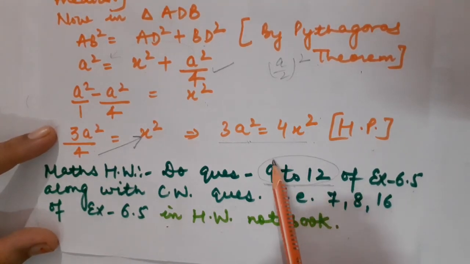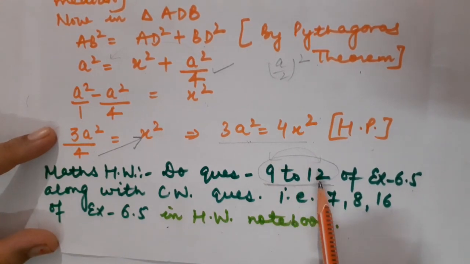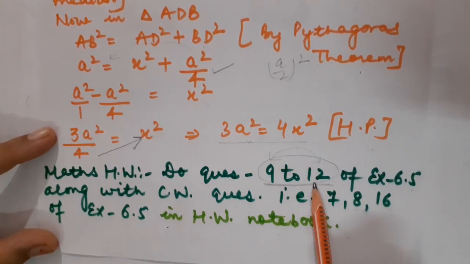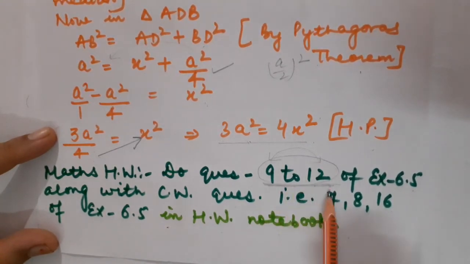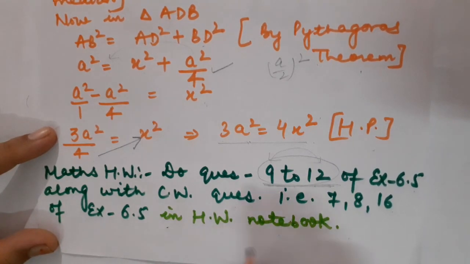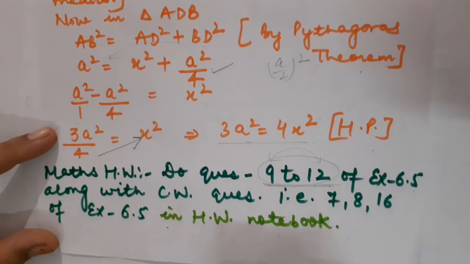And in all these 4 questions, the application of Pythagoras theorem is required. Means the proof is required basically, that is hypotenuse square is equal to base square plus height square. You can directly apply the theorem and get the result in numerical values.